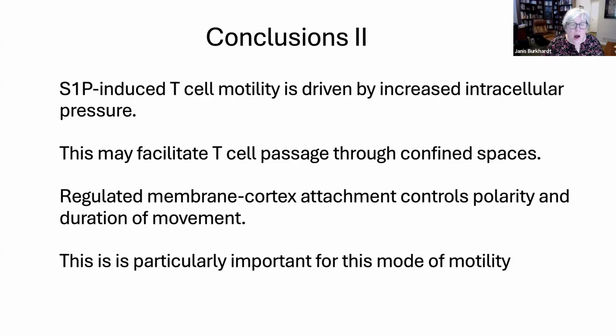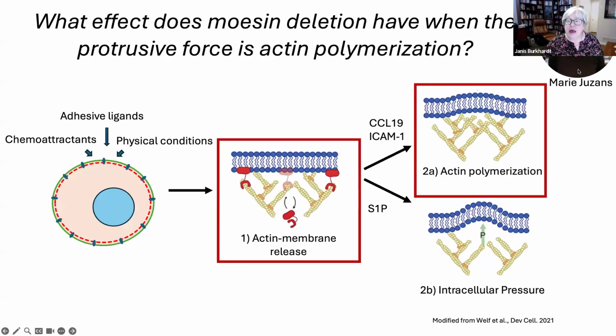So, to think about why this is important for bleb-based motility in comparison to the lamellipodial mode of motility, another postdoc in the lab, Marie Juzin, began looking at the question, and she was looking at what goes on in these myosin deficient cells when you mess up cortical actin linkages, but your protrusive force is driven by actin polymerization. And I've already told you this mechanism is triggered by ICAM1 and CCL19, among other things. And so Marie started with those stimuli.